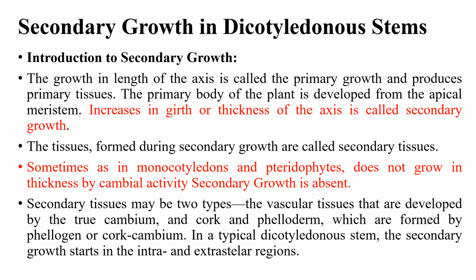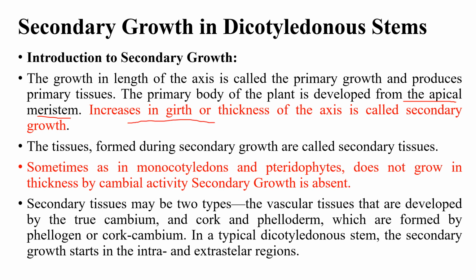The primary plant body is developed by apical meristem, either shoot apical meristem or root apical meristem. Shoot apical meristem is present at the terminal or apex part of the shoot, and root apical meristem is present in the terminal or apical part of the root.